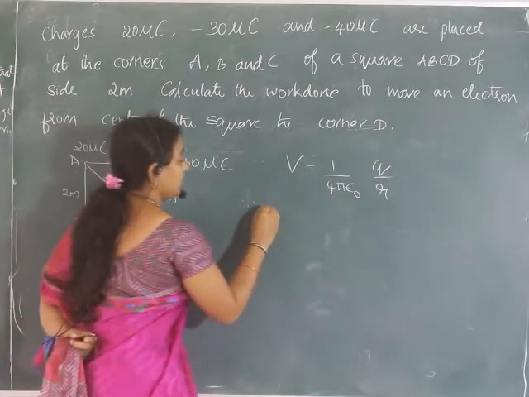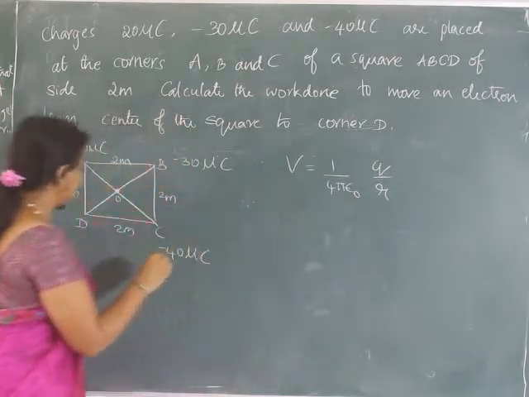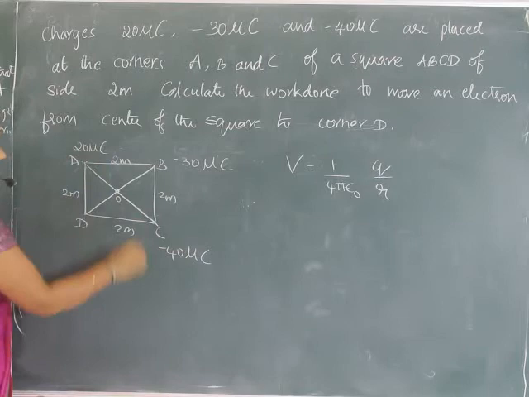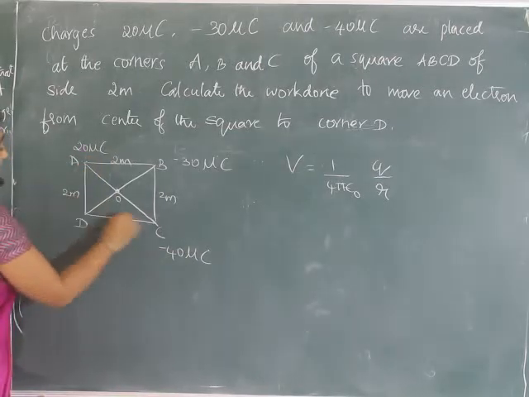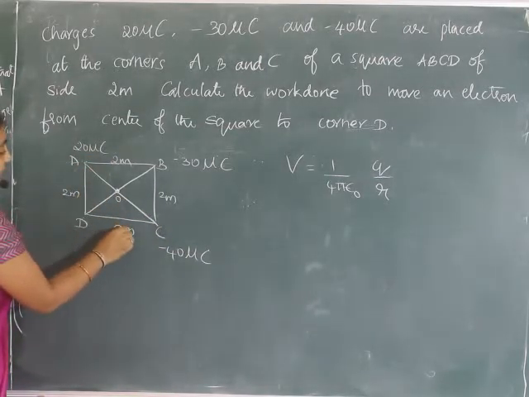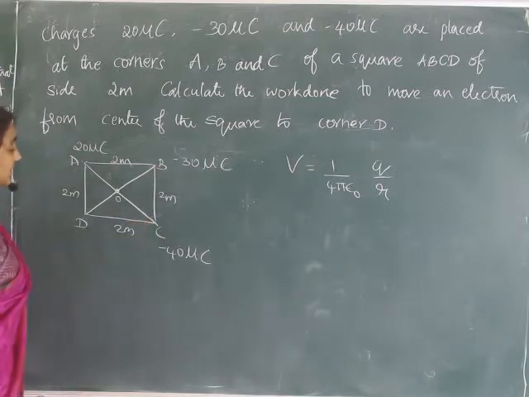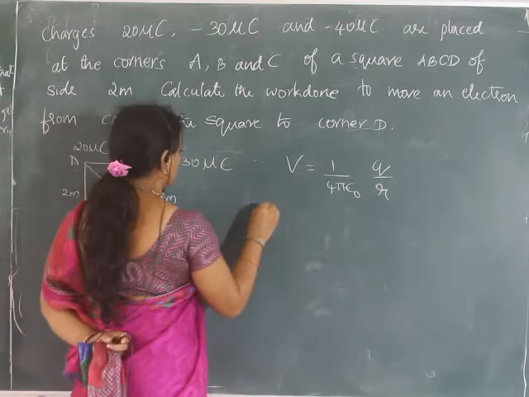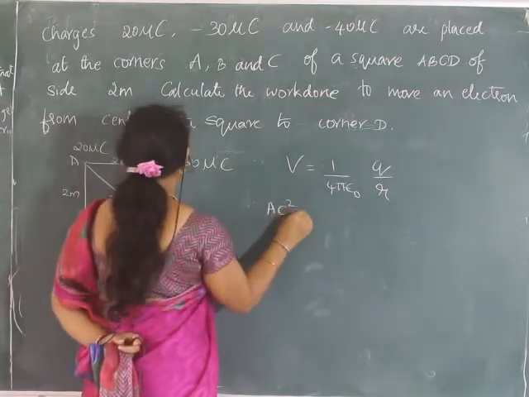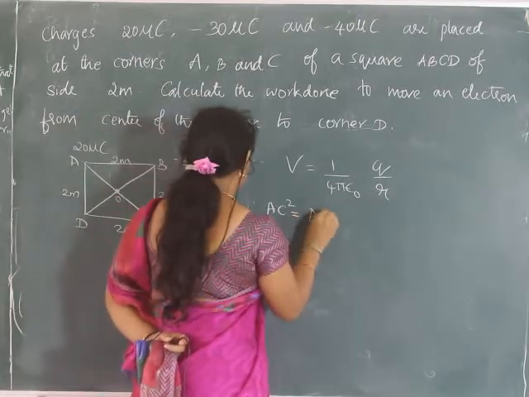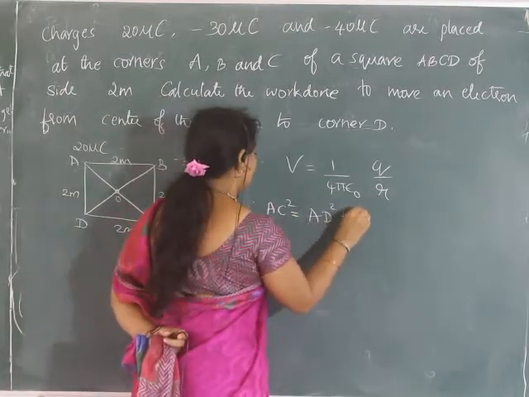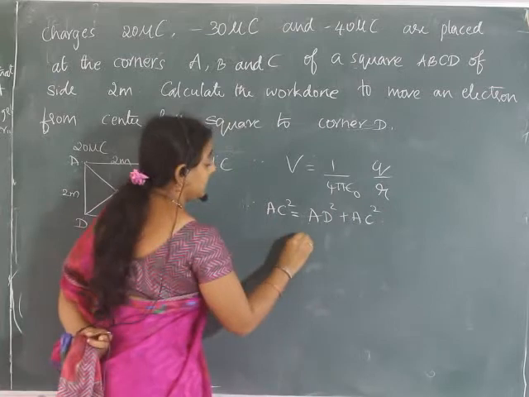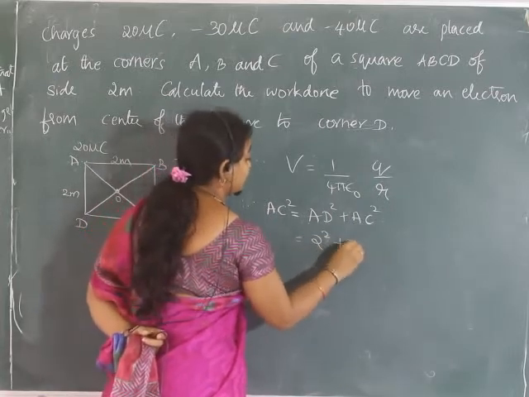So, how to calculate? This is where you have to use the Pythagoras theorem. This is a right angle triangle, 2 meter, 2 meter, then this distance AC square is equal to AD square plus DC square, that is 2 square plus 2 square.